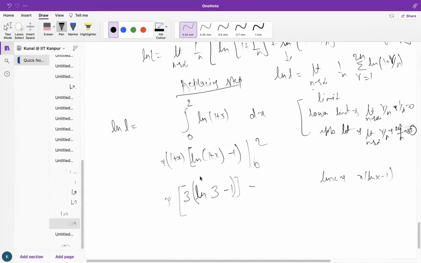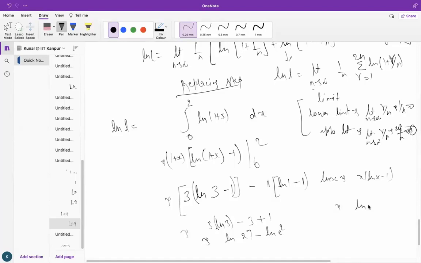Then minus, when we insert the 0 here, ln 1 is 0, we all know that, and then there will be minus 1. So what we get from here is 3 ln 3 minus 3 and then plus 1. I hope you'll all understand what I'm trying to say. It will be like ln 27 minus ln e squared, we can write.